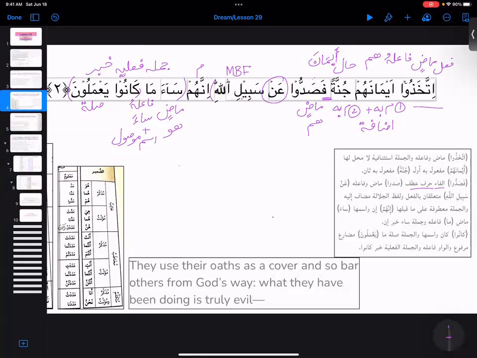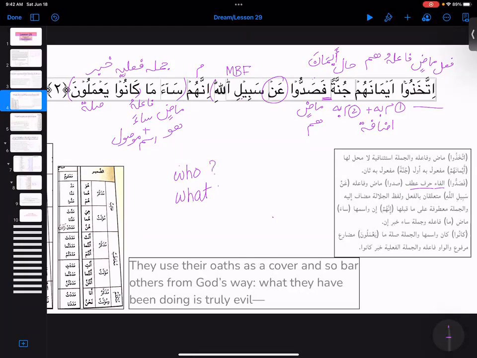They stopped. Yeah, it could be they stopped from. They stopped who and they stopped from what? Who and what? Yeah, these are the questions basically we should be asking whenever the verb is taking two maf'uls, right? So who they are stopping and what they are stopping from.